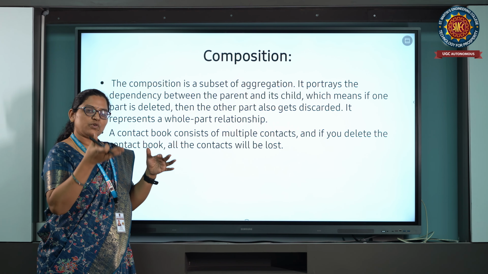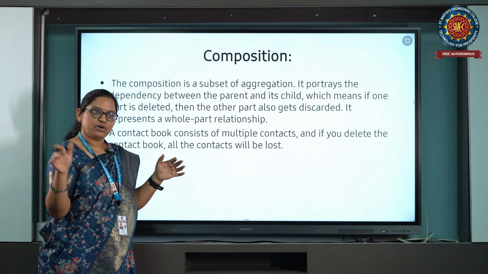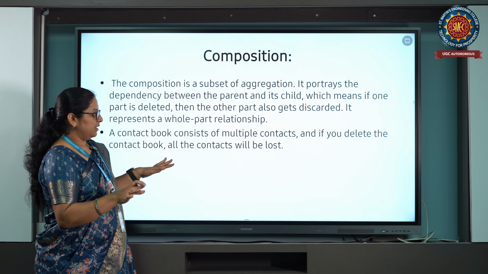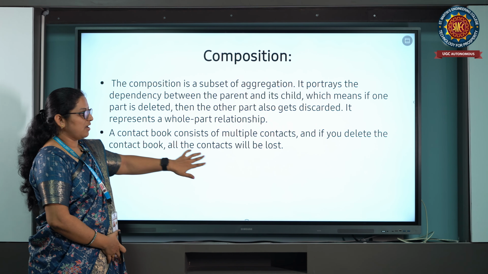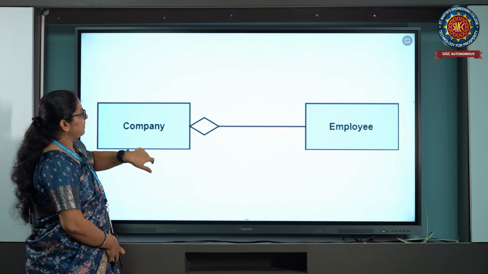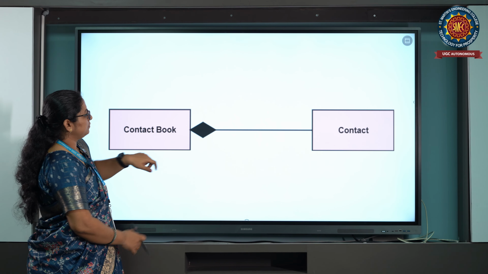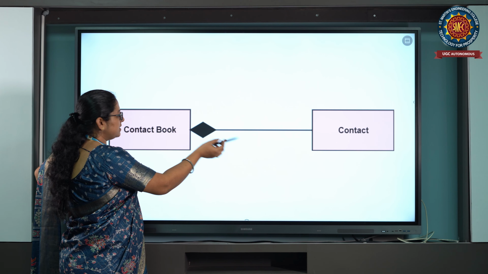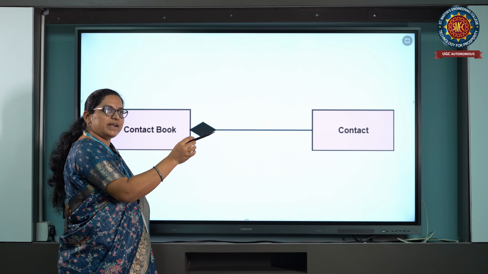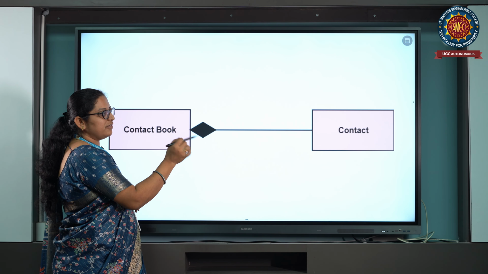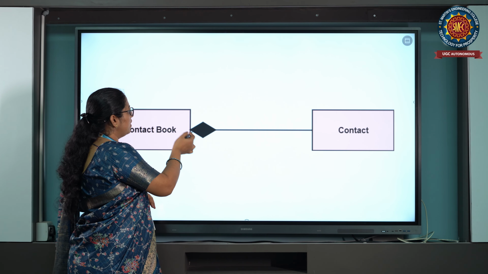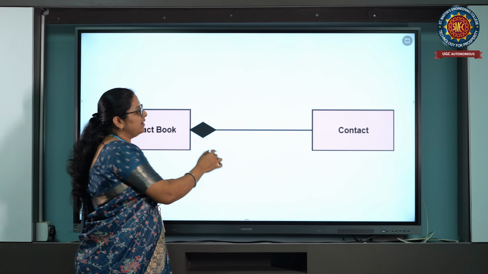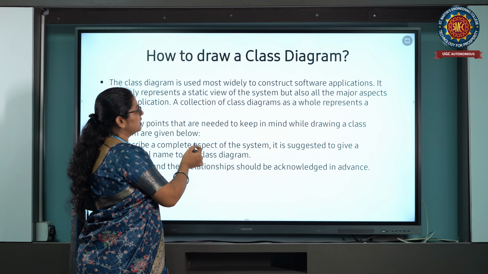If the total contact book is deleted, all the contacts will be lost. Like this, contact book and contact. If any one contact is deleted, it will not be affected. If the total contact book is deleted, all the contact numbers will be lost.